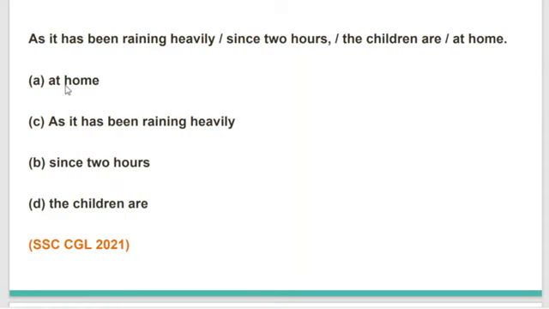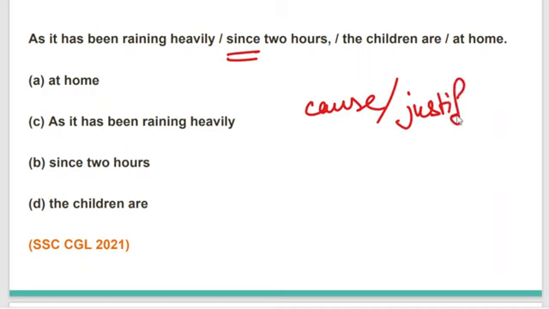Now, when do we use the word since? Firstly, we can use the word since when we are trying to give any justification, any cause. For any cause or justification, we can use the word since. Apart from that, we can also use the word since when the thing has started, a starting point.